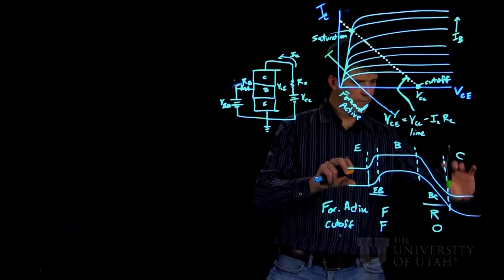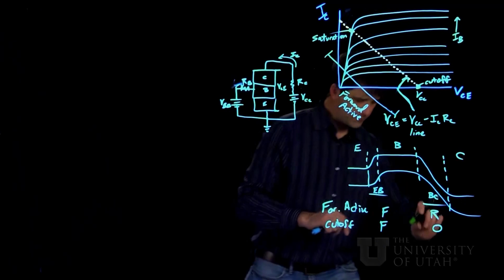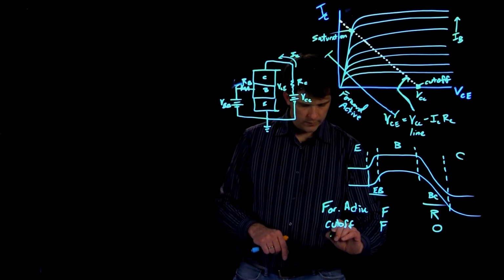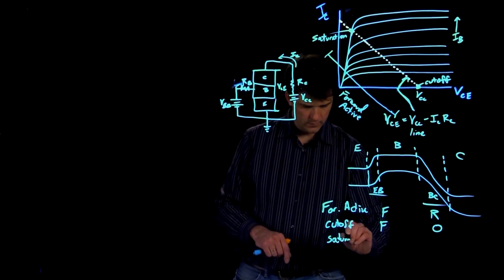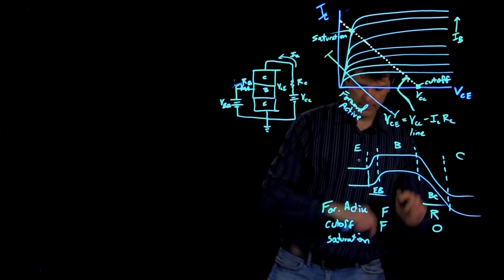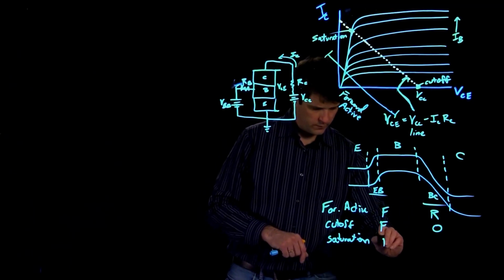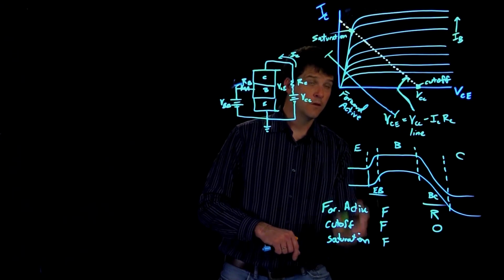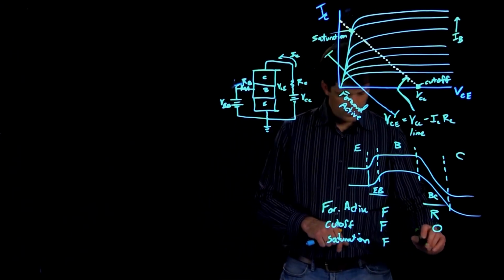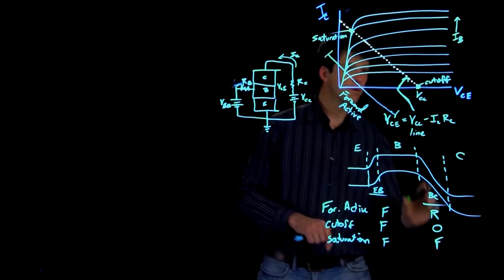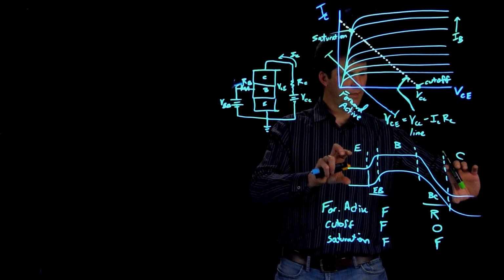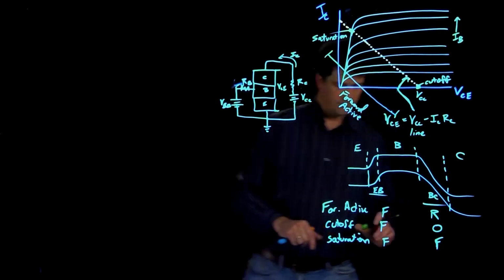So this means we've brought this band up to its built-in potential only, with no external biasing applied there. So this next section, in saturation up here, we're going to be in forward here, but also in forward on this one. So that would be actually bringing this band bending less than its built-in voltage.